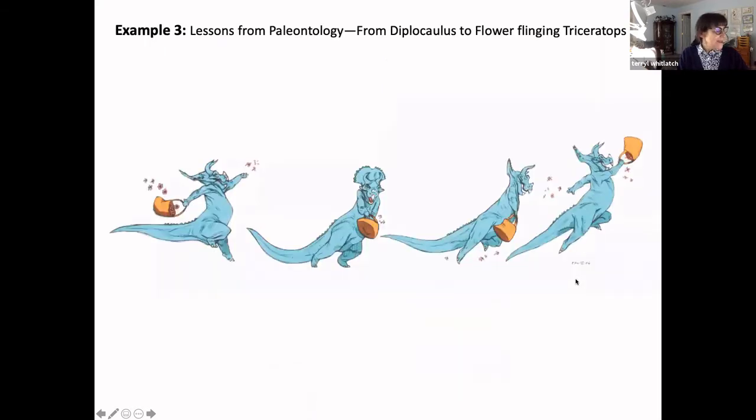And here are some keyframes from animating a Triceratops. And of course, we know that they did not do this in real life, but because I had their anatomy under my belt, I could play with the anatomy and animate this particular very happy Triceratops.